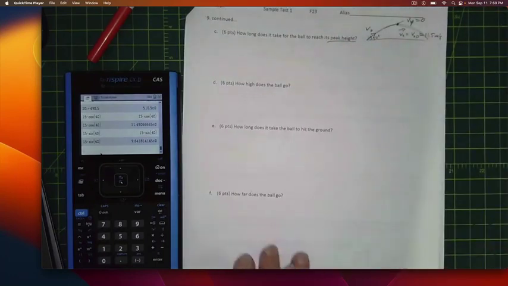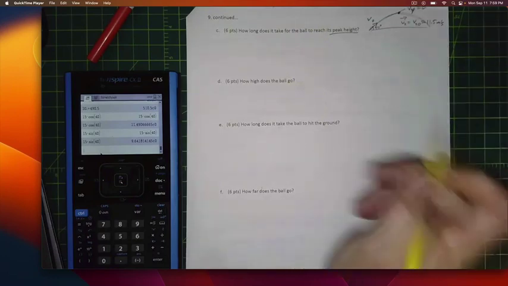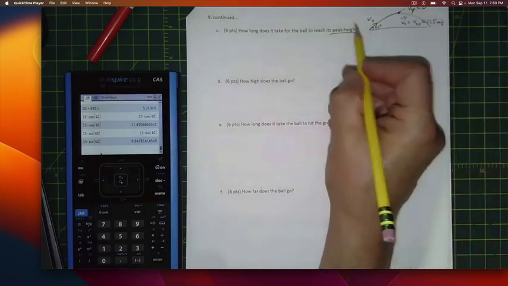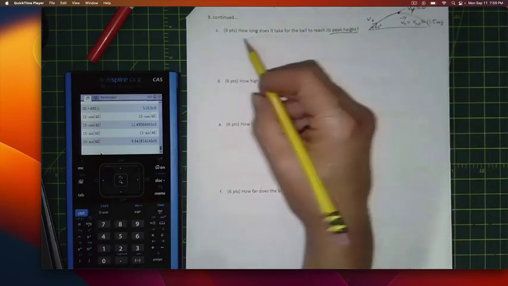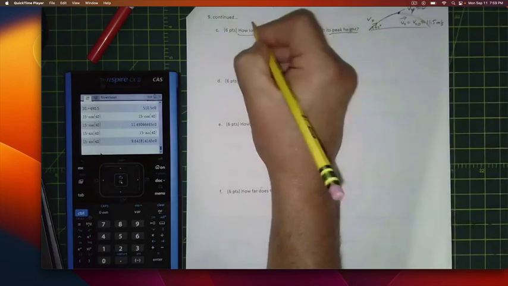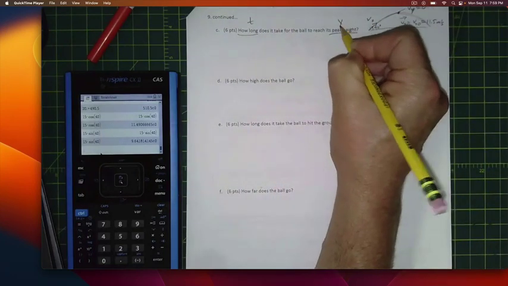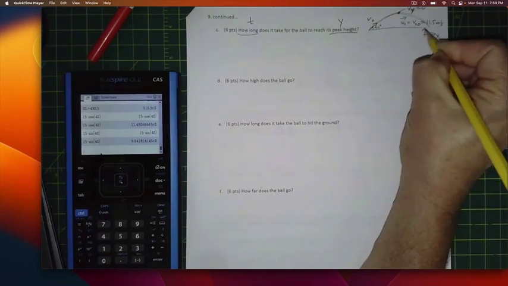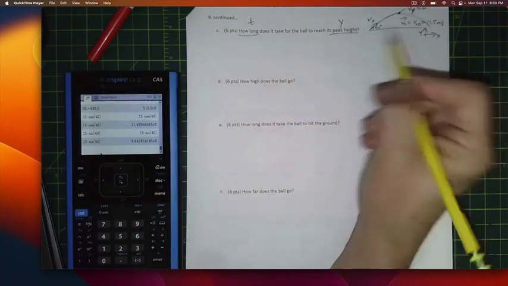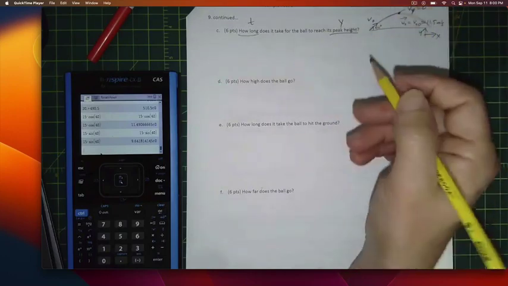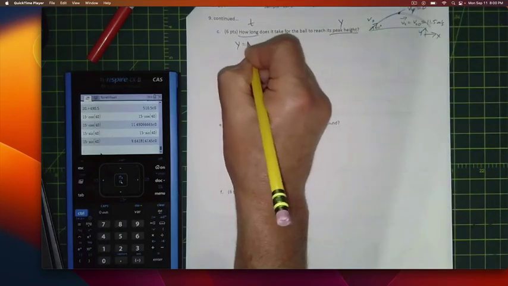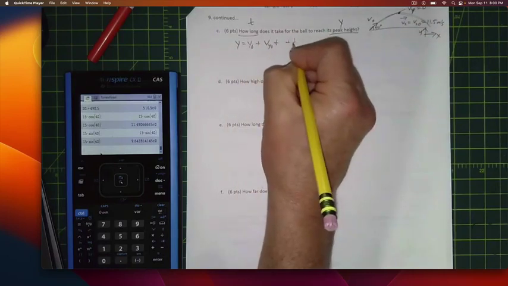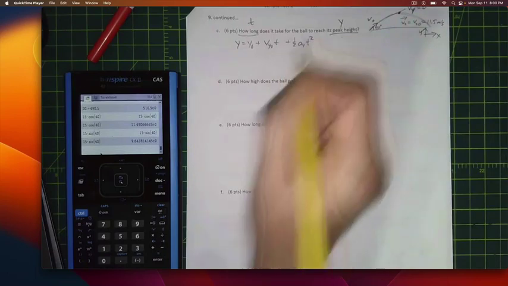Okay. All right. So how long does it take to reach its peak height? So we need an equation that has time in it, right? Because we're asking for what is t when it reaches peak in y. We've got x and y. So remember when we have projectile motion, we have 2 sets of position equations. And so we can write y equals y0 plus Vy0 t plus 1/2 ay t squared.